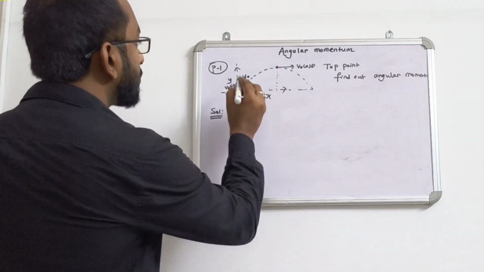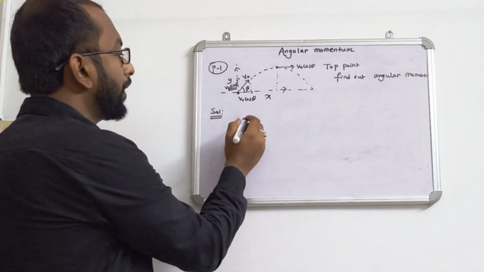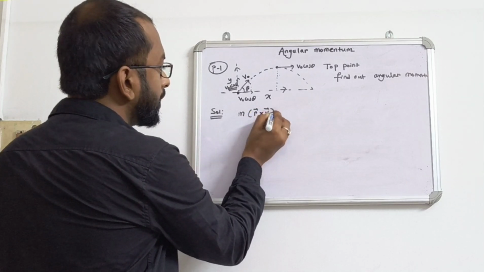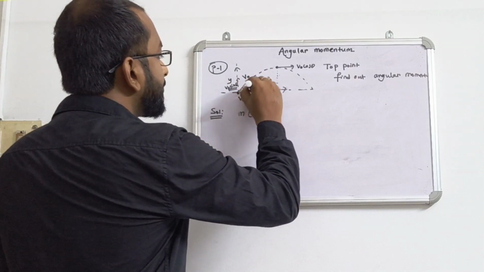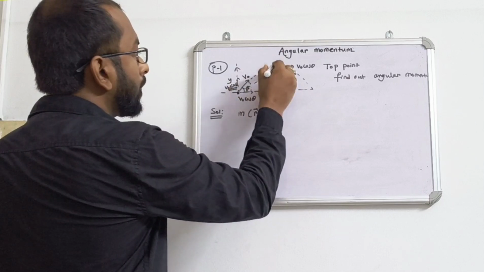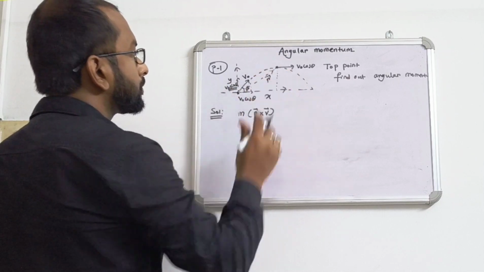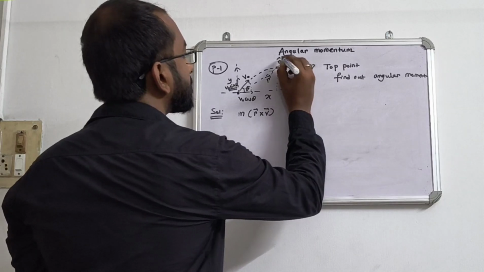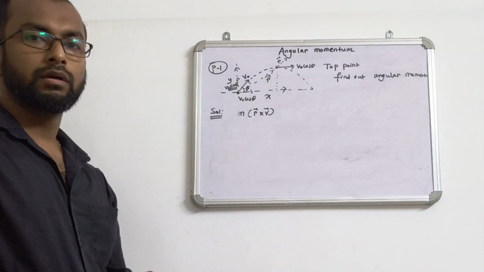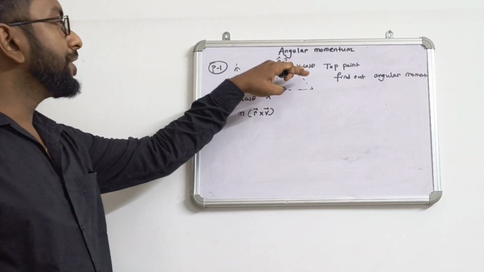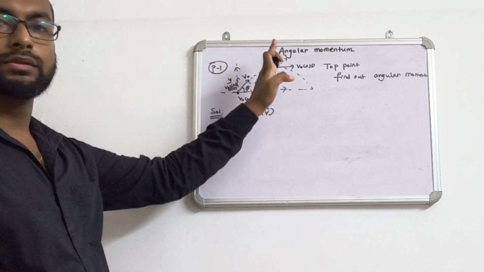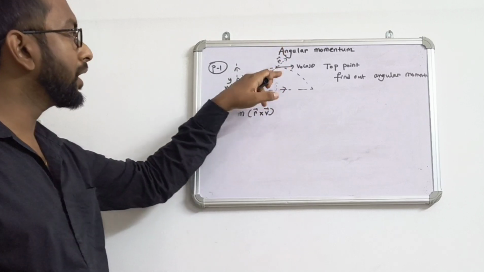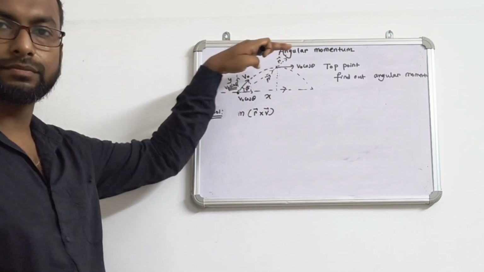Now we can do one thing, just like the torque, if we want to find out m r cross v, that means r is basically the position vector of this particular point, and v is in this direction. So basically this is the direction of the r vector. If it had two components, then we would have to consider the other component of velocity as well. But right now it is only having one component in this direction.